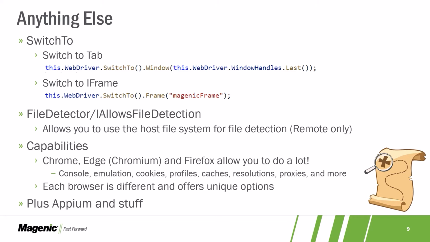So Chromium and Firefox allow you to do a lot of things. Just a very small list: they allow you to interact with the console, right? If I want to get console logs, I can do that. If I want to emulate different devices, I can do that. If I want to play with my cookies, profiles, or decide whether to keep or get rid of a cache, I can do all of that through capabilities. I can decide what my resolution is, if I want to use proxies, and so much more.